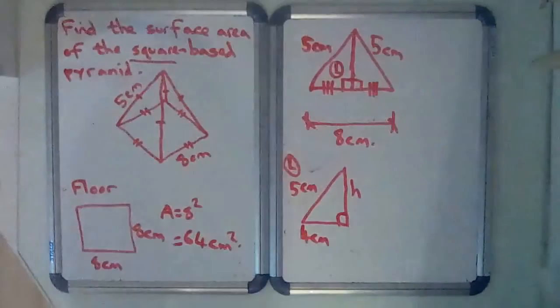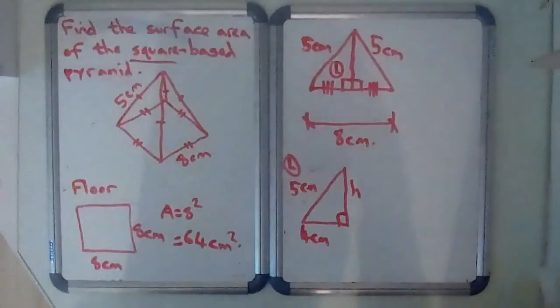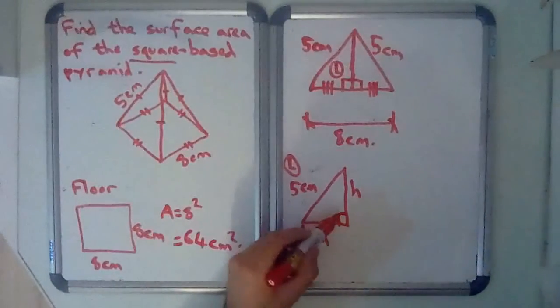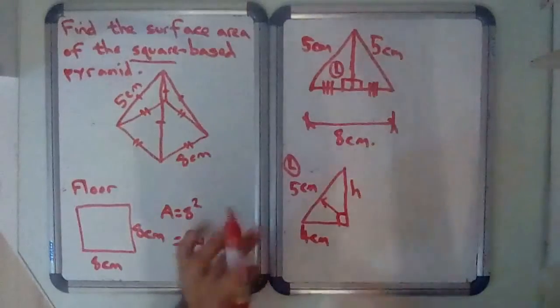of the triangle. So again, you're in Pythagoras' Theorem. In any right-angled triangle, a squared plus b squared equals c squared, where a and b are the short sides and c is the longest side opposite the right angle. C is the 5.